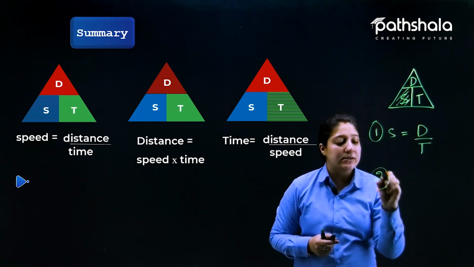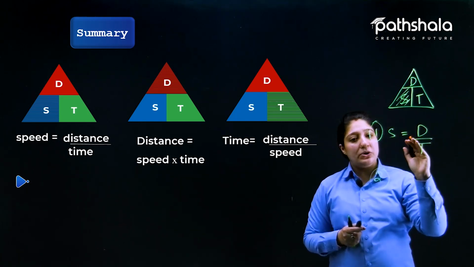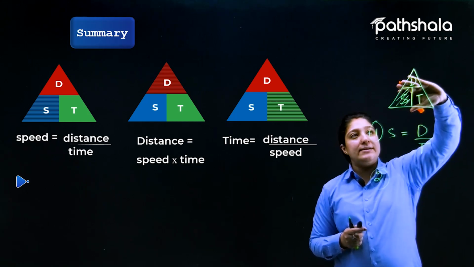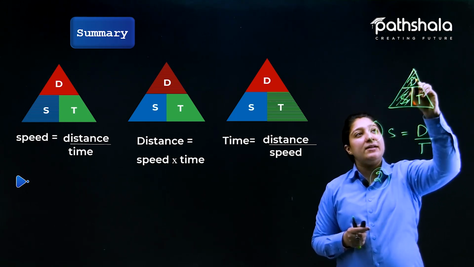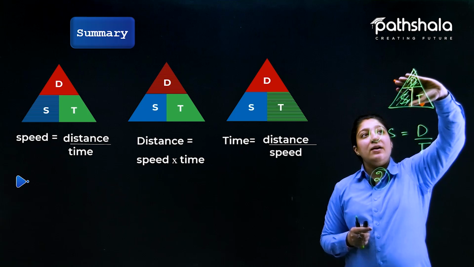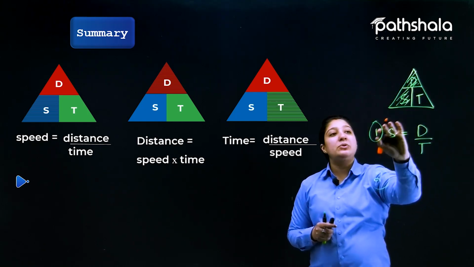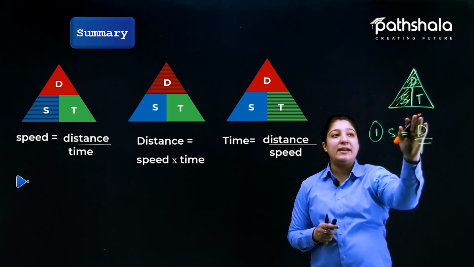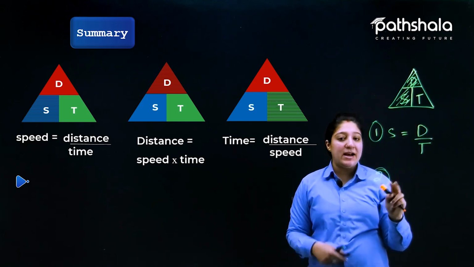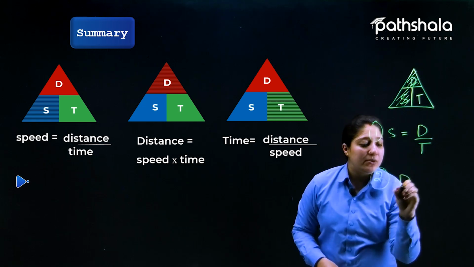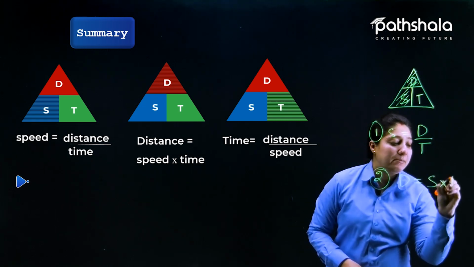Now in the second case, you just need to find the distance. Now here in the second case, cover this. Now see, when distance is covered, what are the two things left? Speed and time. As they are side by side, we are just simply going to multiply them.